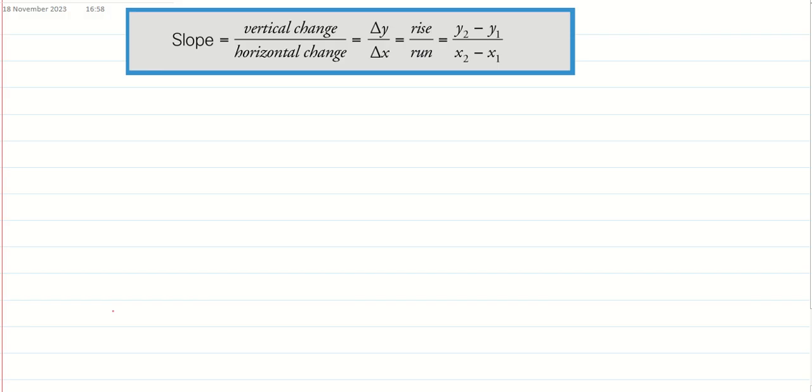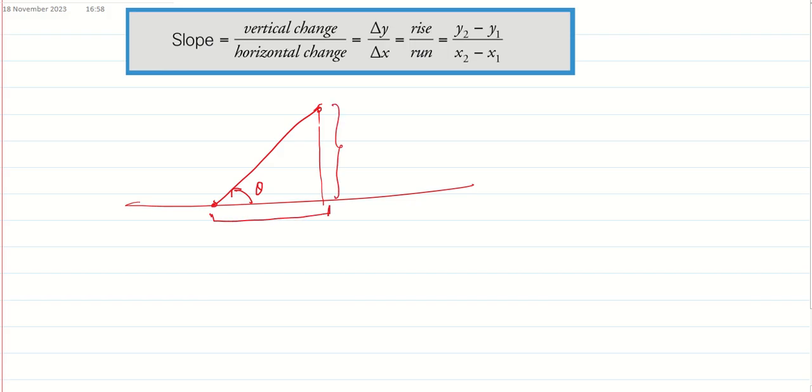Let's go ahead. The slope, how to find out the slope, right? Vertical change divided by horizontal change. I told you, no, let's say this is the line. I want to find out tan theta. Tan theta is nothing but the angle anti-clockwise with the base. So tan theta means what? The vertical change divided by horizontal change.